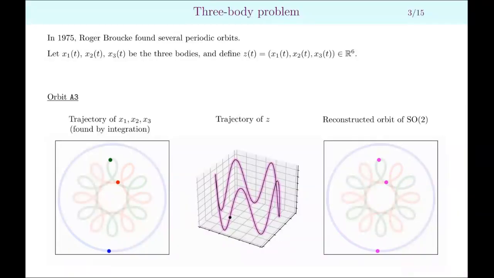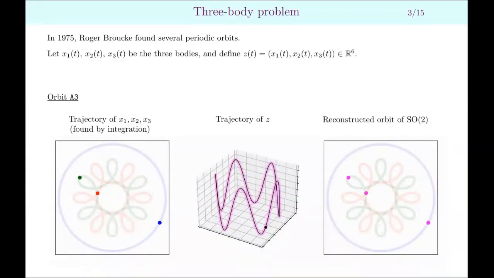It was found by Broucke 50 years ago, numerically. What I do is take these 3 planets and concatenate their positions. This gives me a vector in R6, this black curve you can see. I try to fit a representation of the circle SO2, and I found this very nice pink curve that I can take back to the plane.